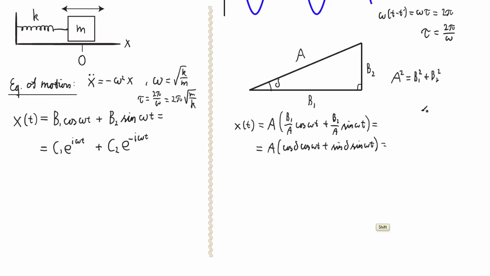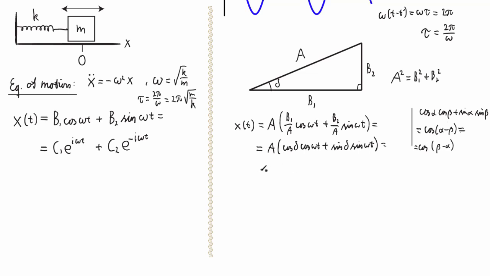Now, you should know that, or if you don't, you can easily look up, that cosine alpha times cosine beta plus sine alpha sine beta, barely fit it in there, that's equal to the cosine of the difference between the two angles. So it's cosine of alpha minus beta, which also equals cosine of beta minus alpha, because cosine is an even function.